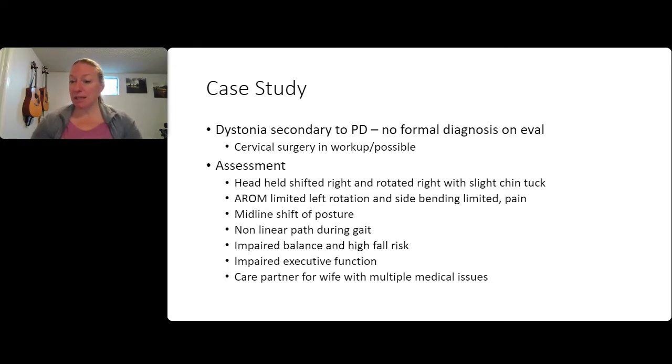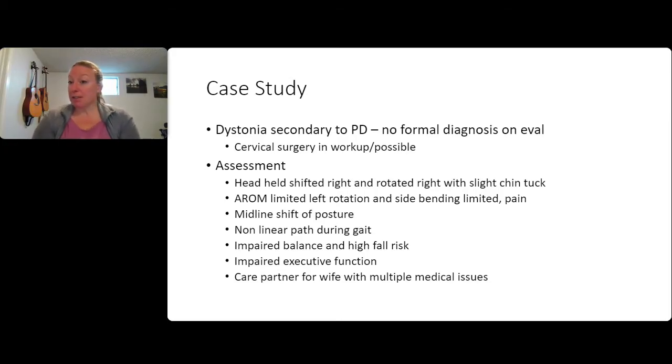A couple other things that were of concern or were barriers included his cognition and his impaired executive function. He definitely had a hard time with insight, judgment, problem solving, organizing himself and staying on task, or being able to set shift and go between tasks and come back to a task. One of his personal factors was that he and his wife still live in their home, and she had multiple medical issues.